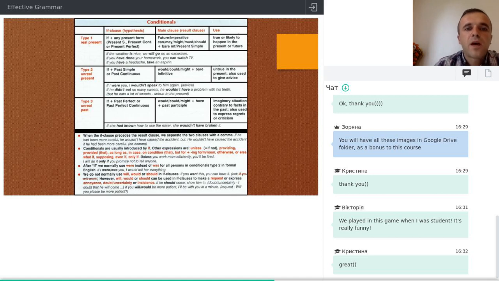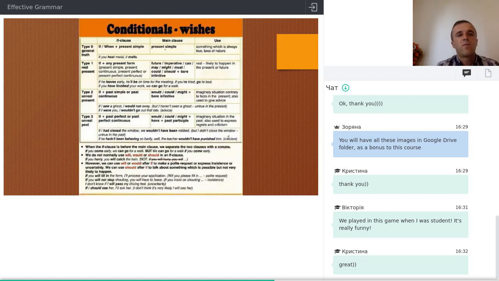Make sure you mention mixed conditionals, when you can mix type 1, type 2, and type 3. Also, one more template for advanced students with some examples where we can use should after if.